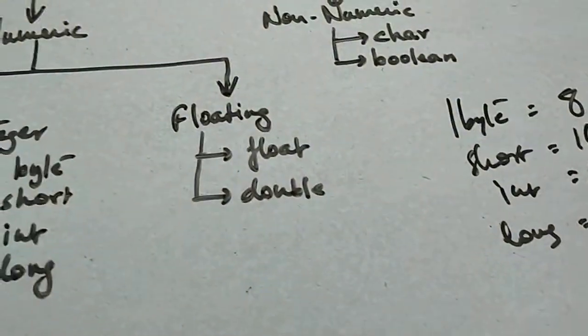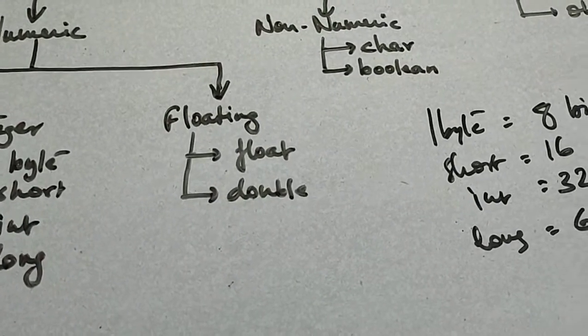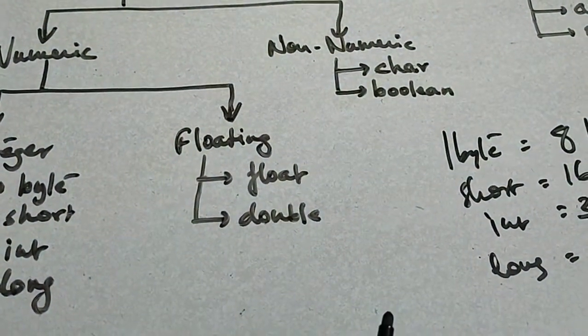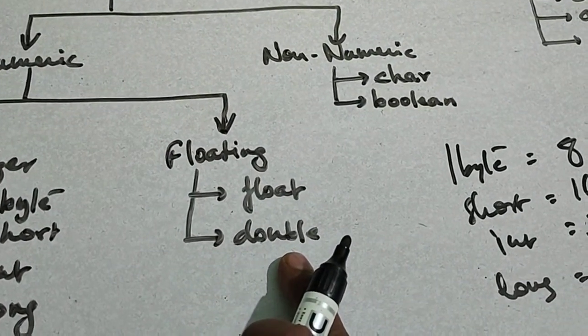Then we have floating. In floating we have float and double. Float can store a maximum of 7 significant digits, whereas a double can store a maximum of 15 to 16 significant digits.